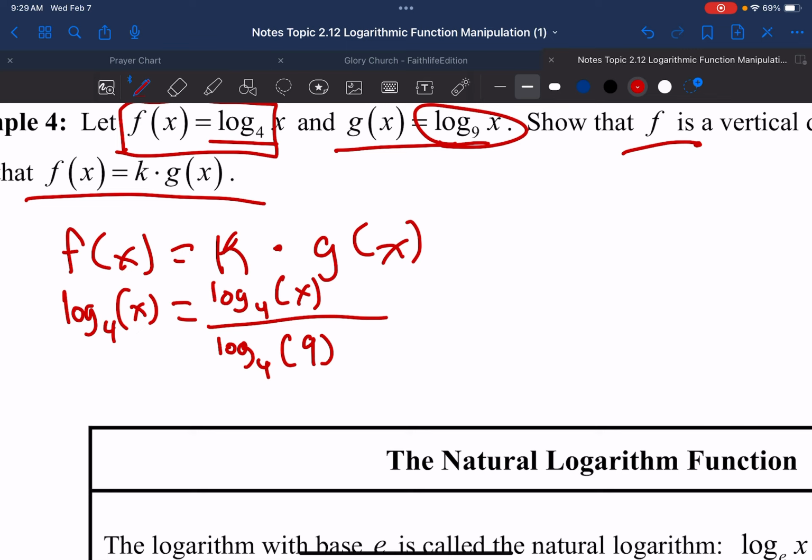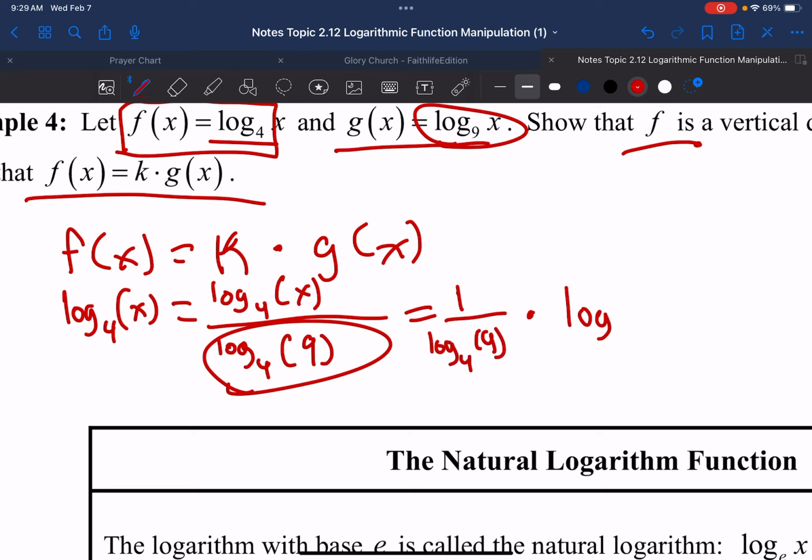So that's what I'm showing. When I rewrite this, I can move this out front, 1 over log base 4 of 9 times the top, log base 4 of x.